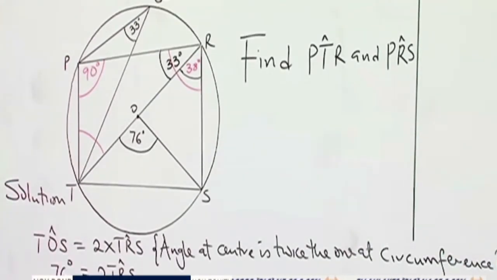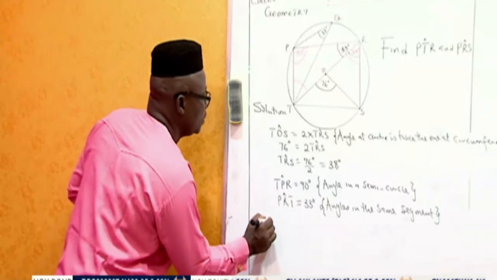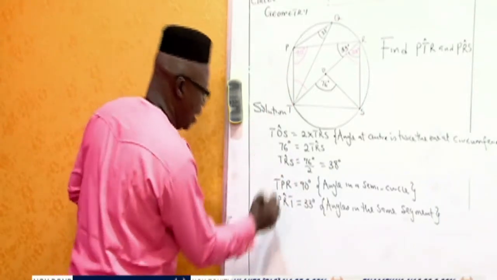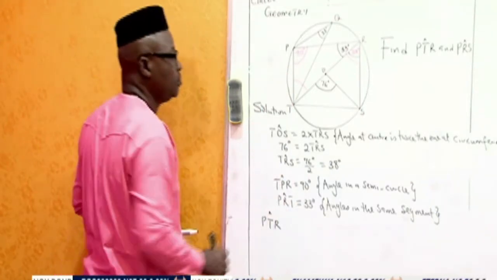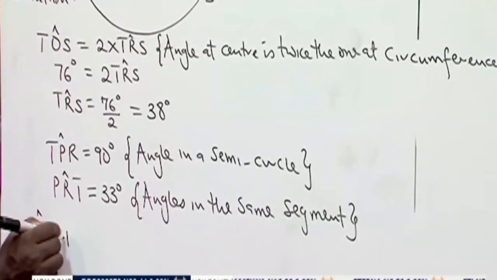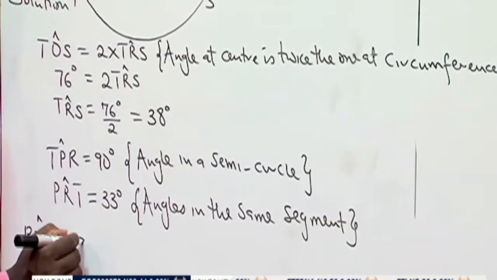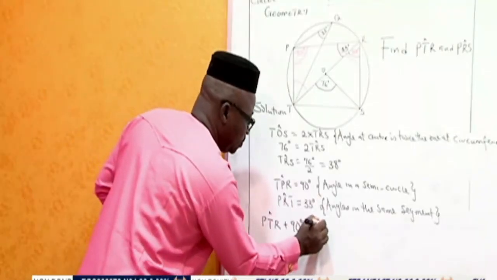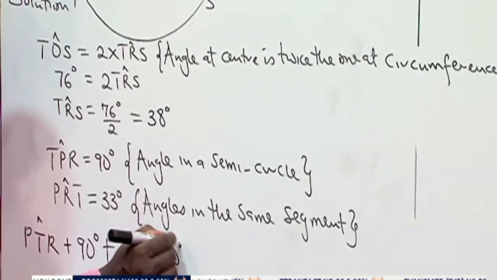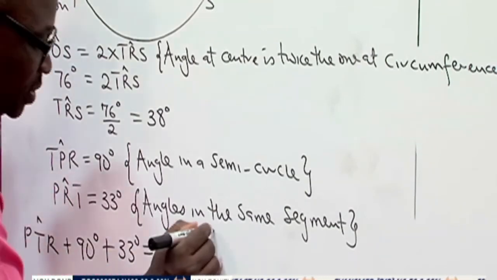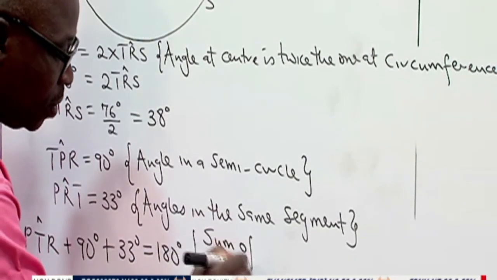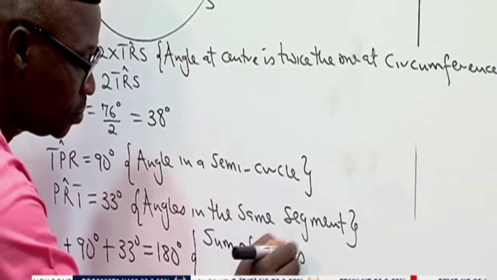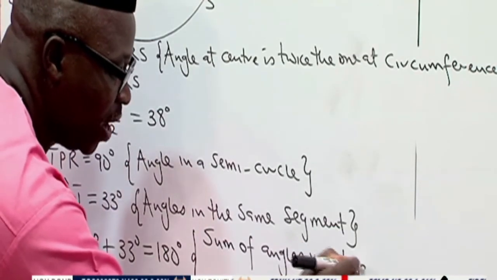So I'll write it, angle PTR plus angle 90 degrees, then plus angle 33 degrees, all is 180 degrees. The reason for that, sum of angles in a triangle.